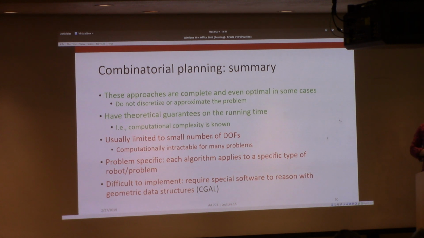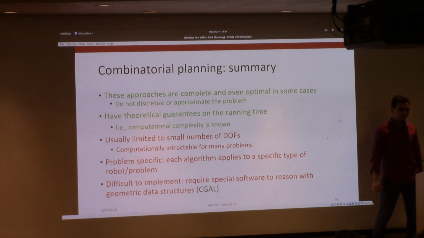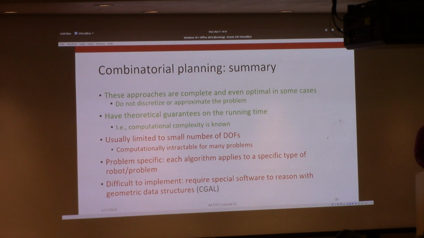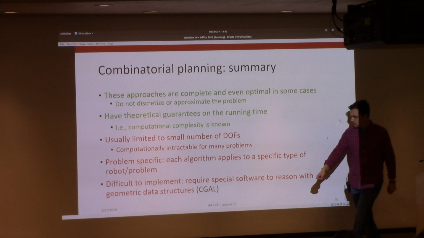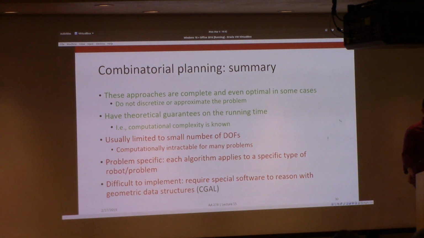Another disadvantage of those approaches is that they are usually quite difficult to implement in practice. Because they reason about geometric data structures, they often require software that can deal with infinite precision, which is quite hard to work with. Although, as I mentioned earlier, there is the CGAL library, which has very useful implementations of all those algorithms that I mentioned so far.